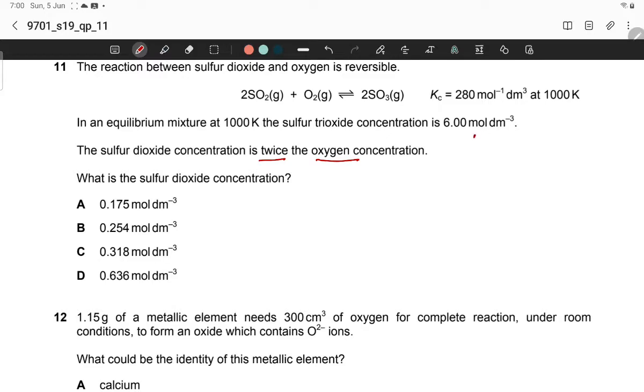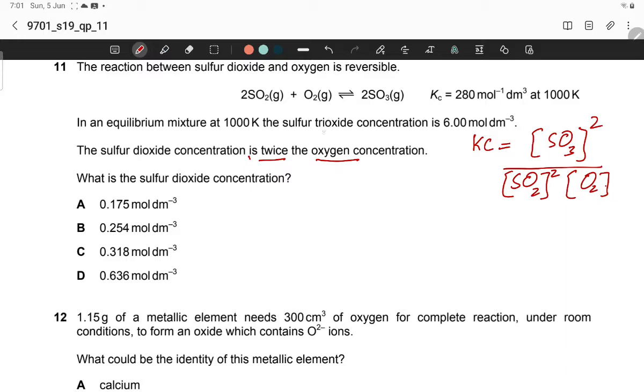We know that Kc is equal to the concentration of sulfur trioxide squared divided by the concentration of sulfur dioxide squared times the concentration of oxygen. In this statement the sulfur dioxide concentration is twice the concentration of oxygen.